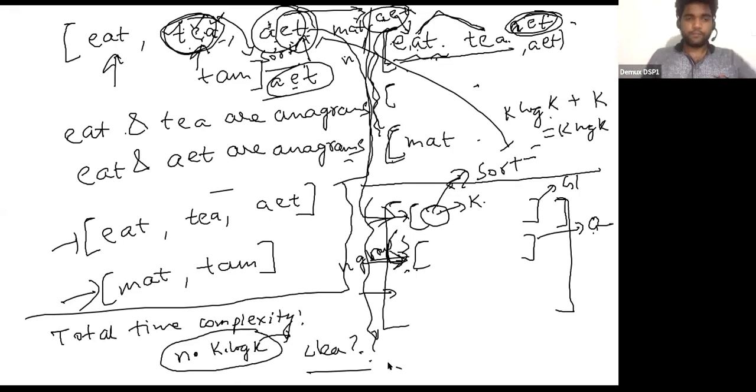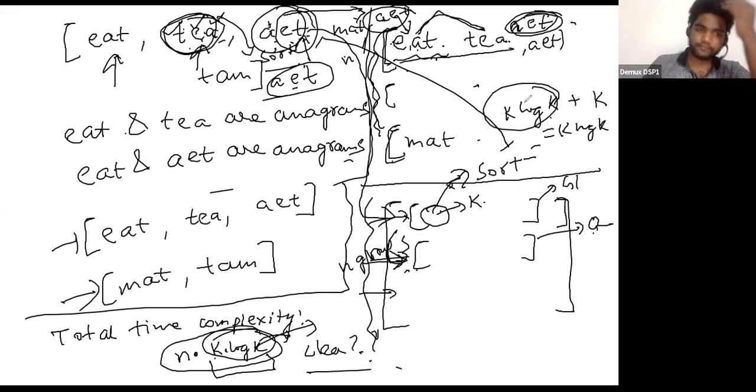So if this is the brute force, now let's see where can we optimize. See, this part is more or less okay. Can you optimize this? Tell me this first. Can you optimize sorting?